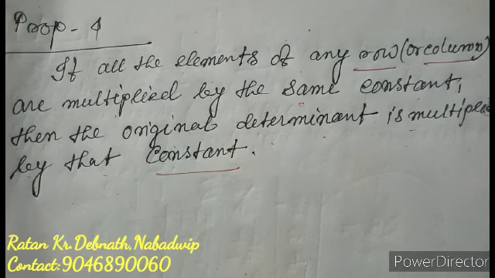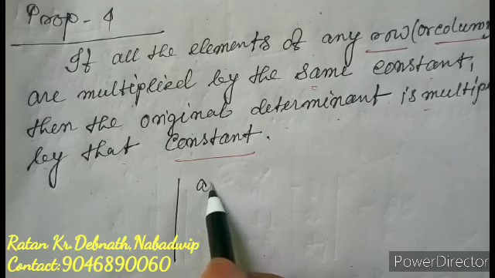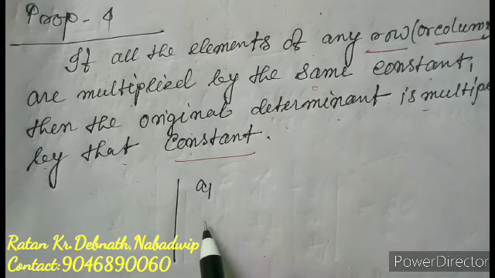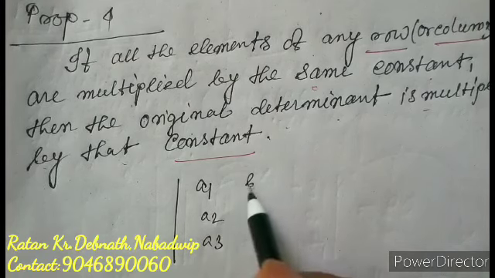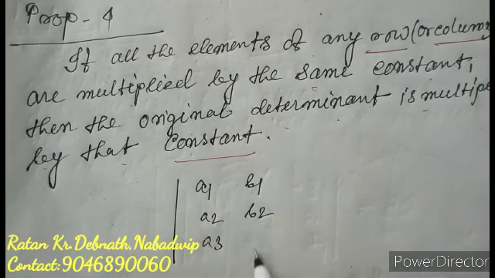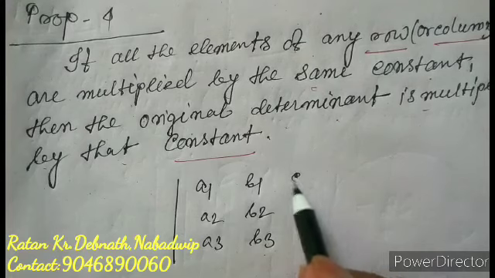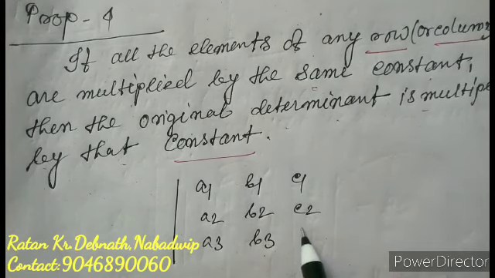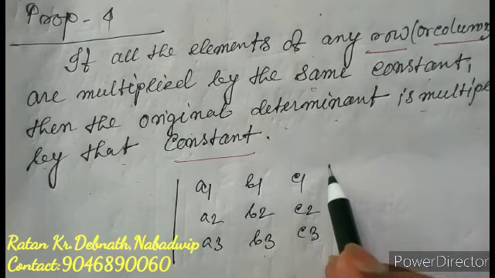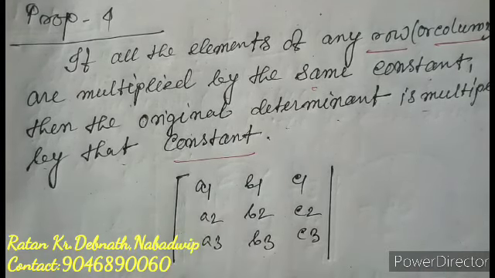Let me make you understand what the property says. Let A1, A2, A3, B1, B2, B3, C1, C2, C3 be a matrix.